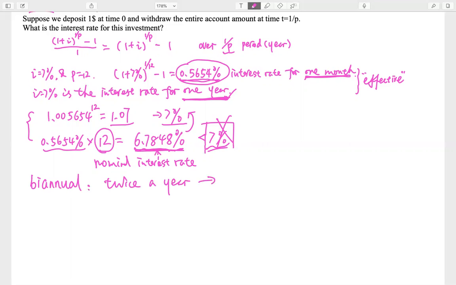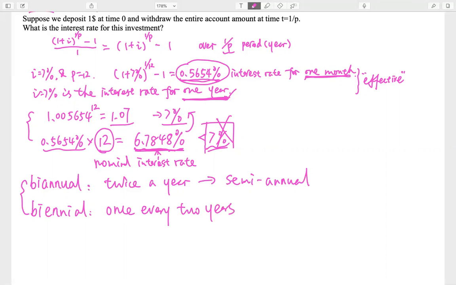What I usually prefer to use is semi-annual. The reason is because there's another name that could cause potential confusion. It pretty much reads the same. Biannual. This means once every 2 years.